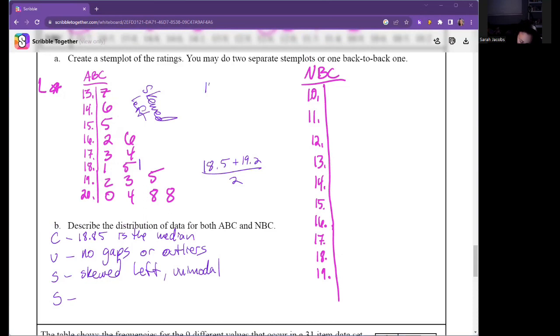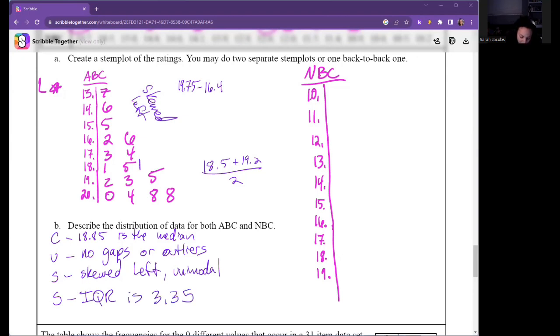So low end Q1 is going to be 16.4. Probably could have done that without a calculator. And then the high end, 1, 2, 3, 4. So it's going to be between 19.5 and 20.0. So that's 19.75. And so the IQR is 3.35.